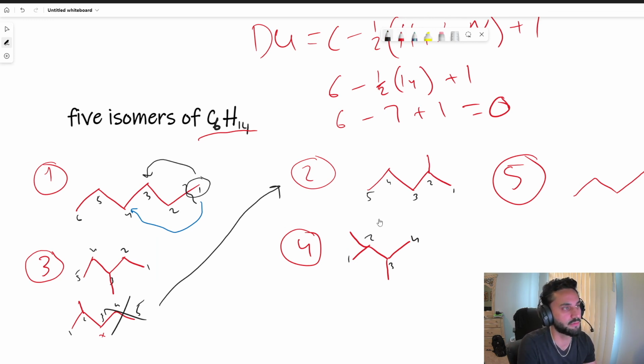Let me number it. 1, 2, 3, 4. We already had 1 carbon here initially, and we're going to move this one here, and it looks like that. So this gives us a dimethyl in this 4-carbon chain. So this is definitely different from the rest. So yeah, this is good. This is different. Good, good, good. And that's our 5 isomers for this compound.